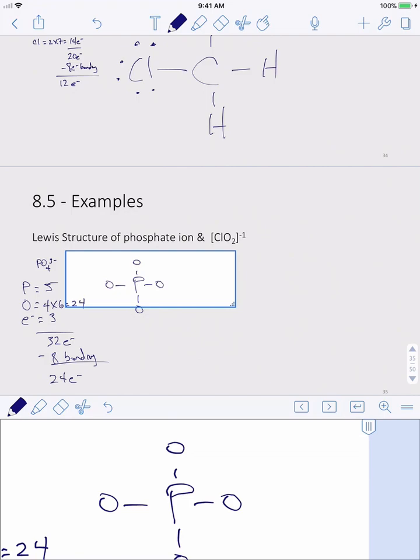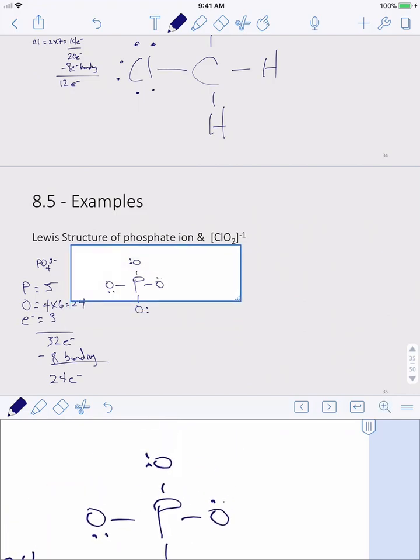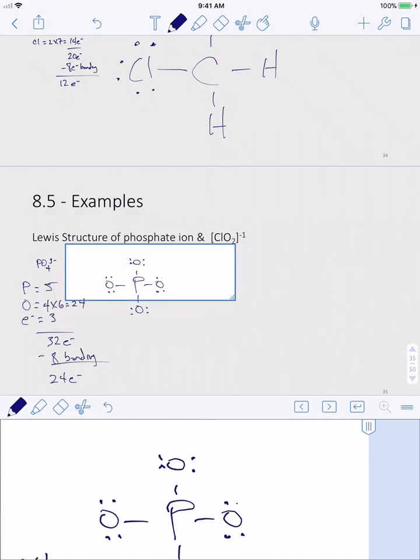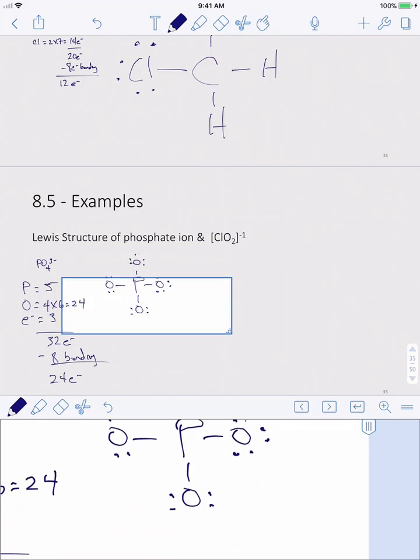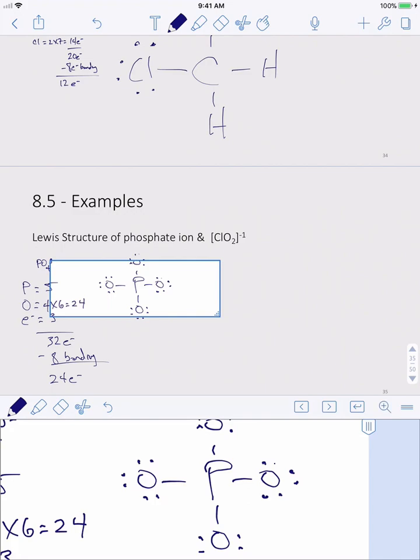So we're going to put 1, 2 in pairs, 4, 6, 8, 10, 12, 14, 16, 18, 20, 22, and 24.